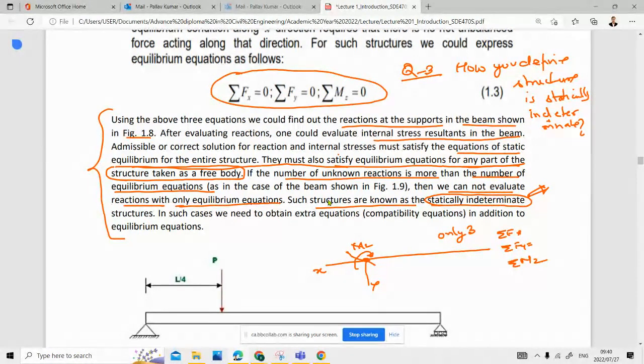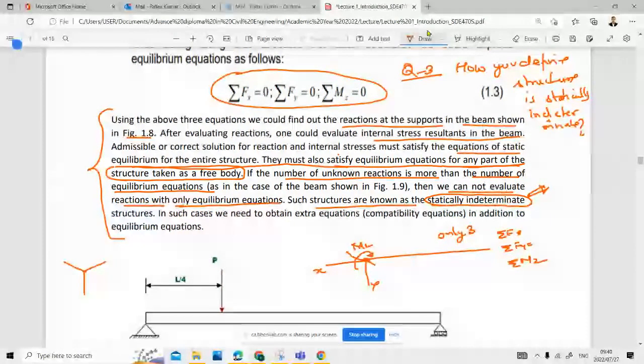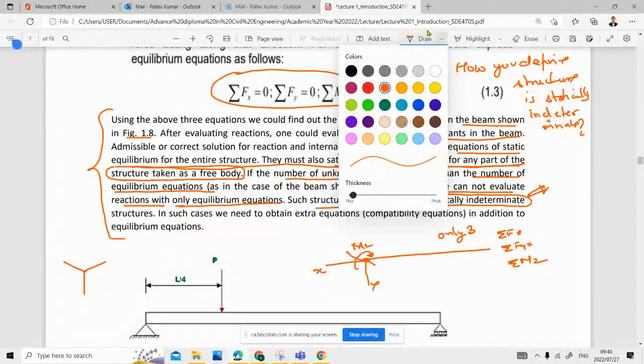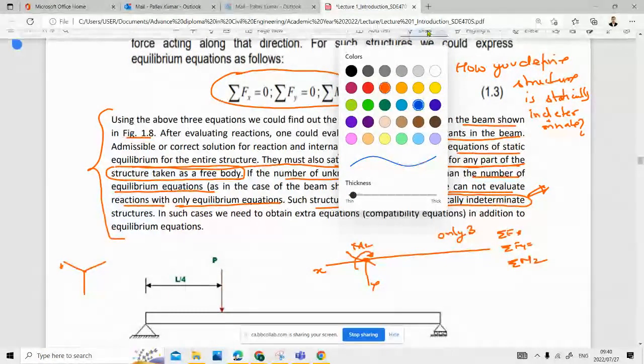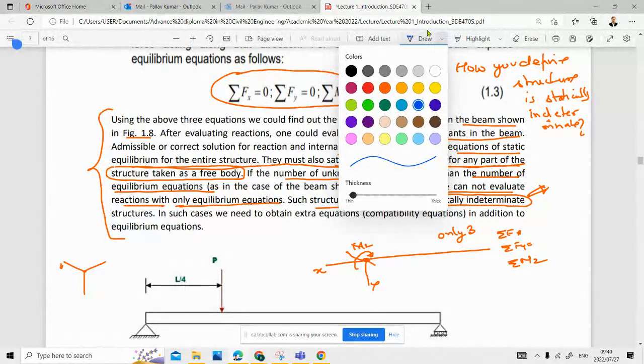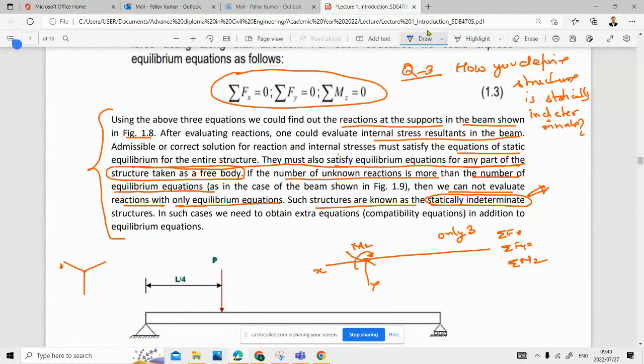But if you have a three-dimensional structure, let's take one, now you have one more frame added. Now your structure becomes three-dimensional. So you have X, you have Y, and you have Z as well.